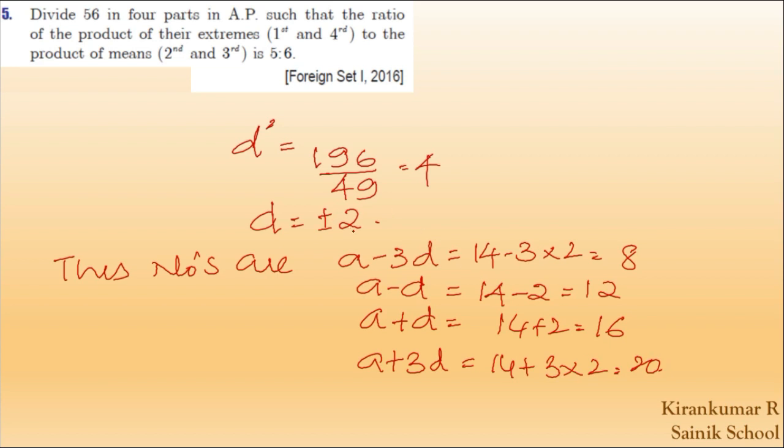If we are taking this negative 2, we get the numbers in reverse order. Therefore, the required arithmetic progression is 8, 12, 16, 20, and these are the 4 numbers.